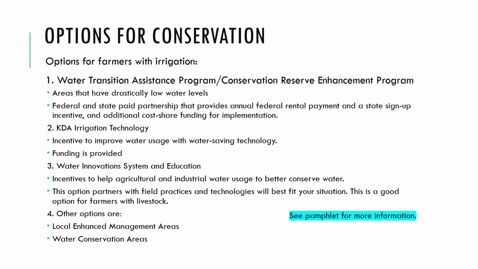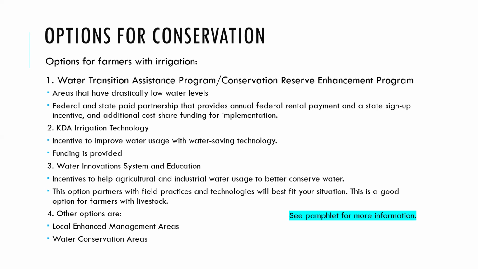This is for areas that are drastically low on water levels, but there are federal and state paid partnerships that provide an annual federal rental payment and a state sign-up incentive, plus additional cost-sharing funding for implementation.